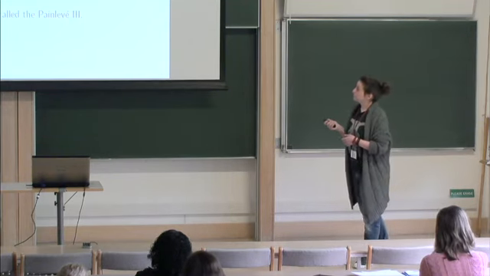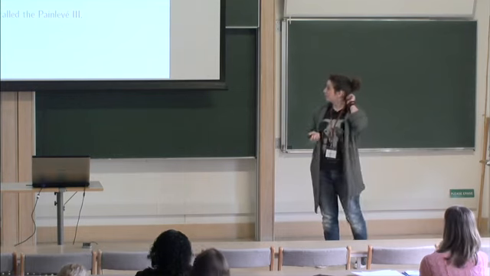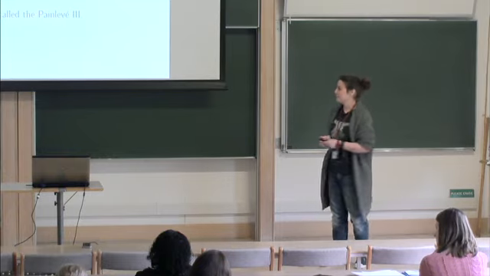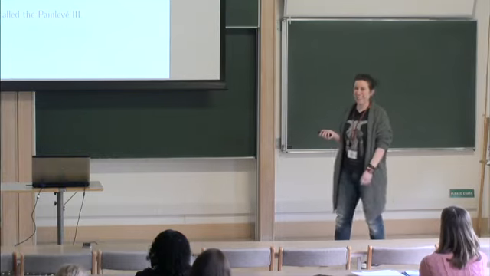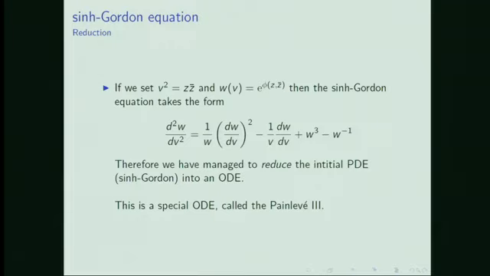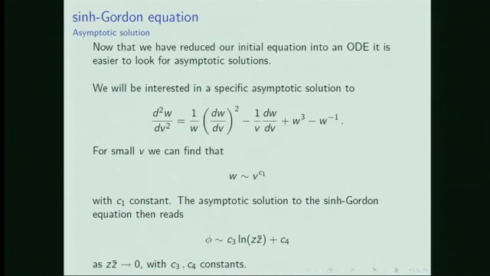This is a very famous ordinary differential equation called the Painlevé III. I won't say anything else about this, there are specialists in the audience that know more. We'll use the Painlevé equation to find asymptotic solutions to our sinh-Gordon field.